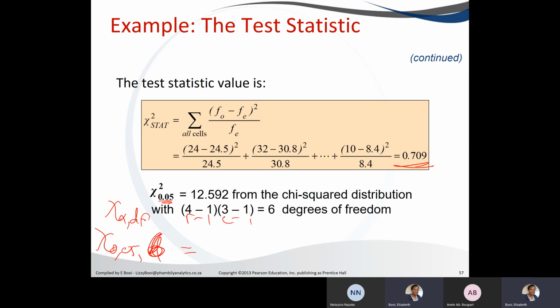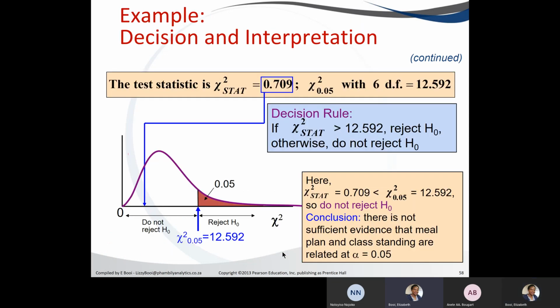And when we go to the critical value table, we will find that it is 12.596. Now, based on the test statistic that we have and the critical value, we create our region of rejection. We can look at where that 0.7094 falls. It falls in the do not reject area.